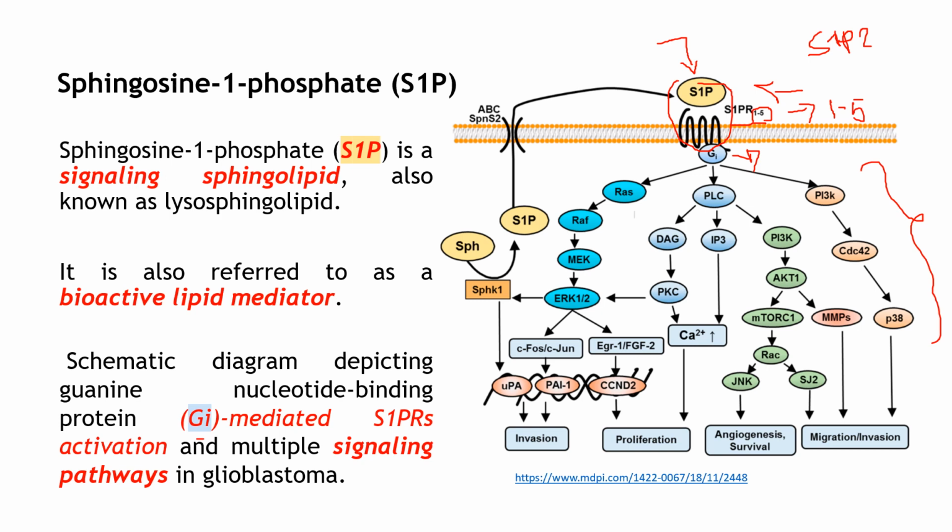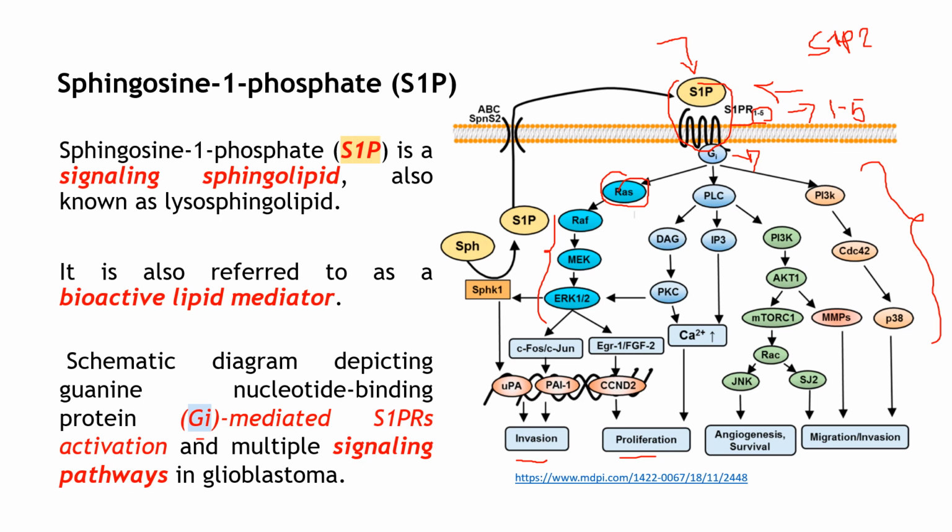And here you find all the friends that we have been talking about all the time, RAS and the MAP kinases pathway. Here you start seeing again and again the same circuits. These are involved in invasion and proliferation.